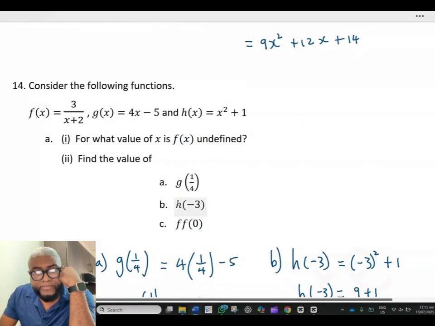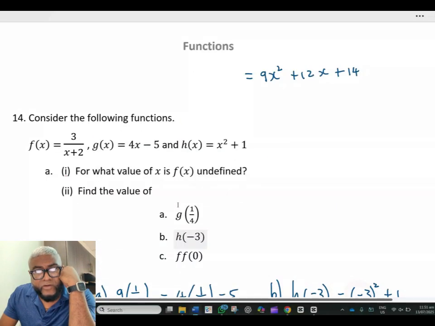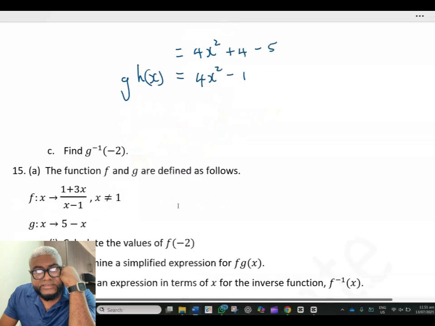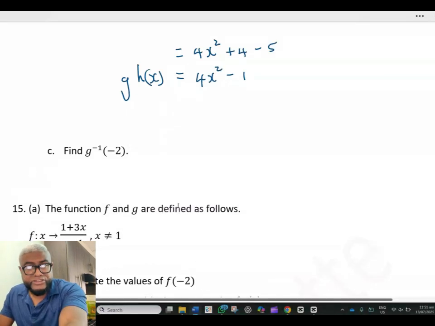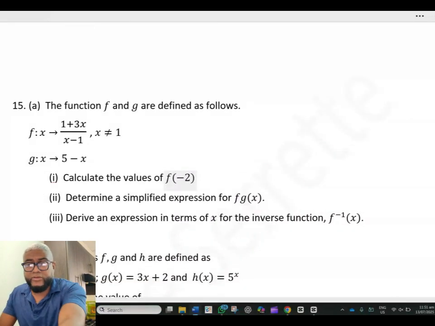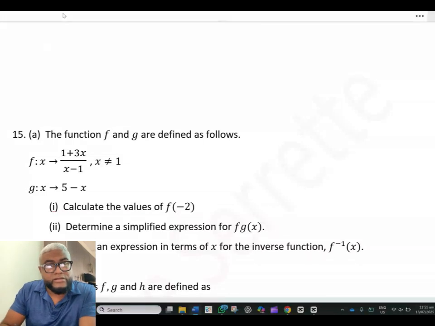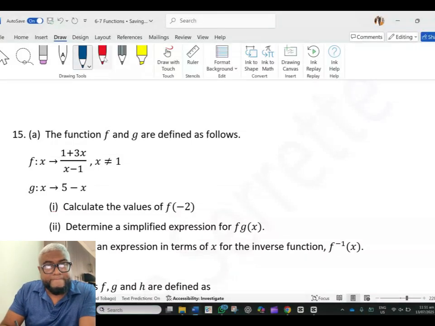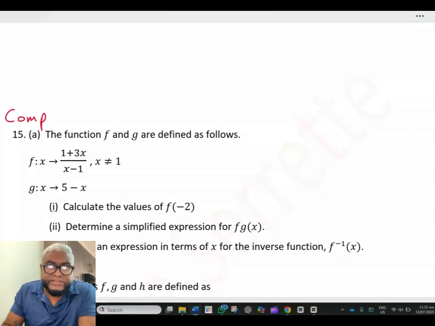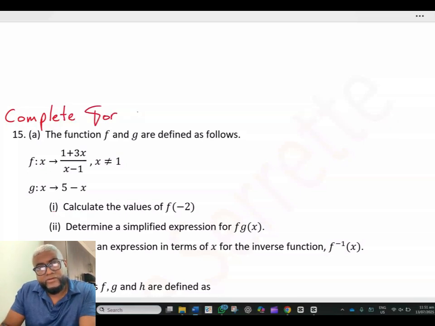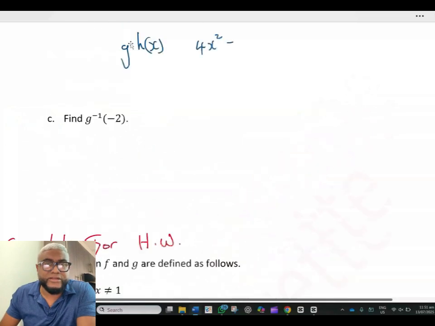I see here it's just number 14, part C to finish, right? So we're going to do this now, and you will complete the homework. As a matter of fact, I will start class with this next week. Complete it for homework. Right? Let me just do this one.